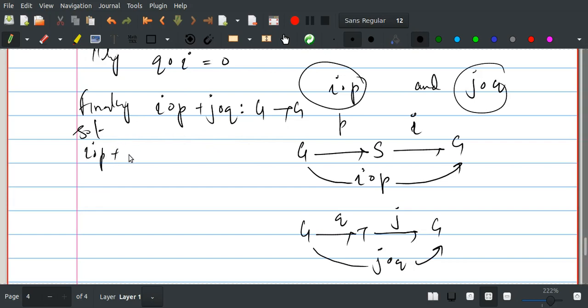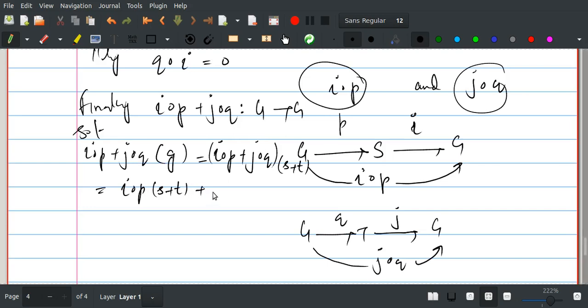I of P plus J of Q of this little g, this will be I of P plus J of Q. Note that we can write this g as S plus T, where this S is in S and T is in T. So this is I of P of S plus T plus J of Q operated on S plus T. So this is same as I of P of S plus T plus J of Q of S plus T.